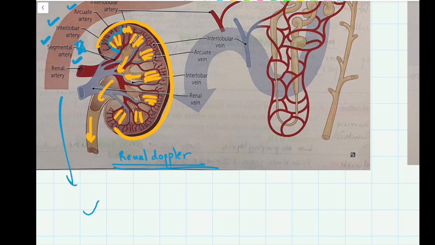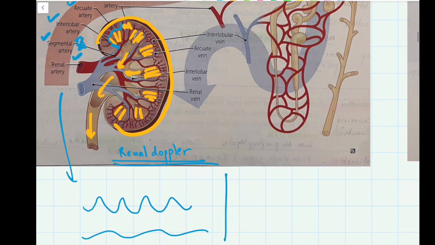So this is suppose the normal waveform. What happens is that in stenosis there will be a parvus-tardus waveform. Right, this is similar to the aortic stenosis pulse, that is pulsus parvus et tardus. Similarly here as well on the Doppler, due to stenosis of the renal artery, there will be a parvus-tardus waveform.